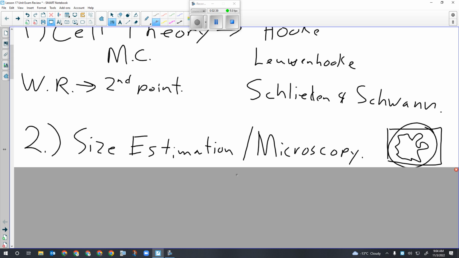So if I'm looking at something through the high power lens, then I would know that the distance from here to here is 400 micrometers. How big is that thing I'm looking at? Just an estimate.